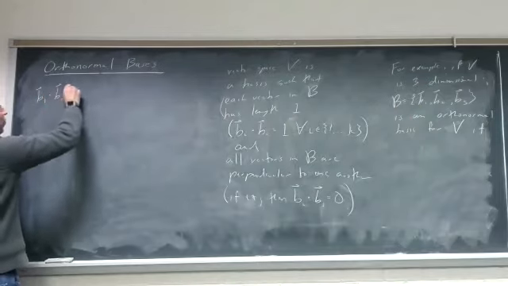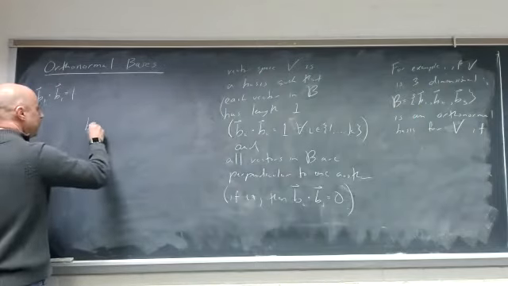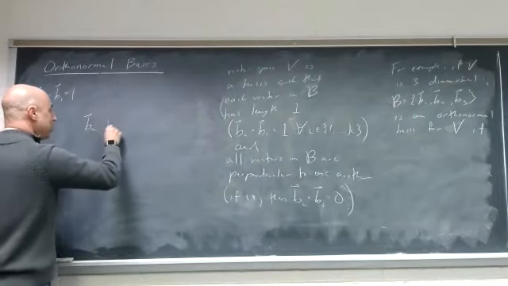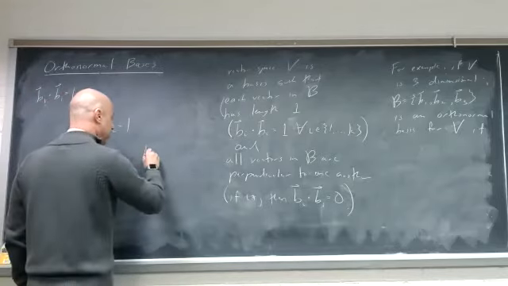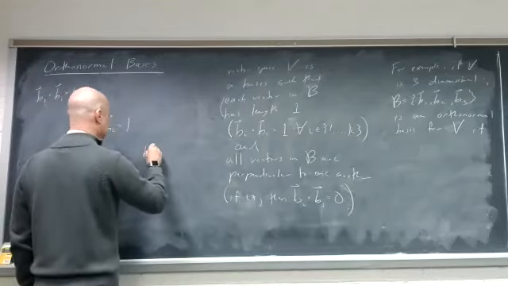So B1 dot B1 is 1, B2 dot B2 is 1. So B1 has length 1, B2 has length 1, B3 has length 1.